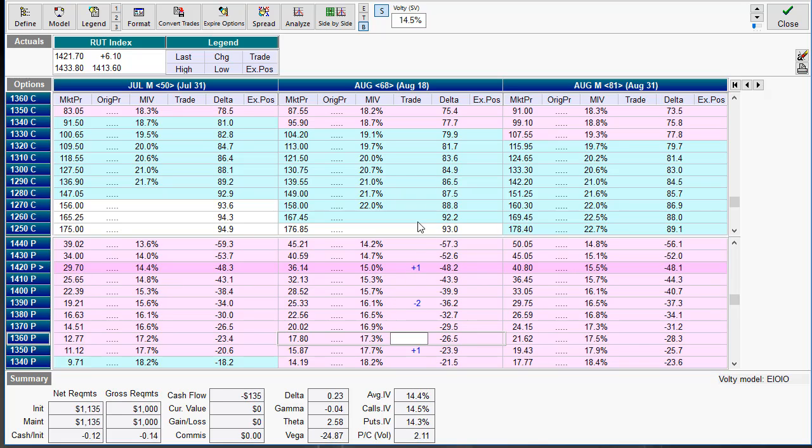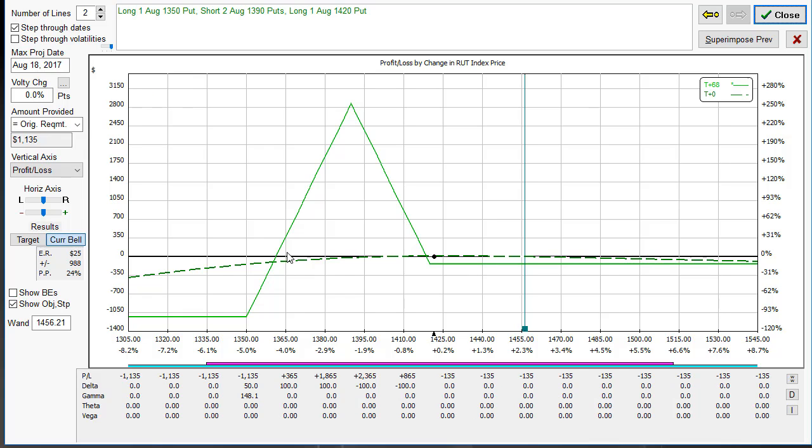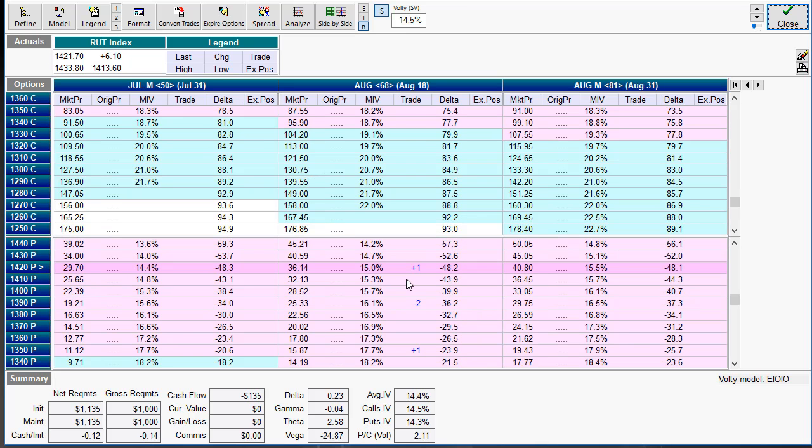I have one less element to it. I have the same flat T plus 0 line. I've got very, very little risk on the upside. Still have a good amount of distance before I get into trouble on the downside. And some traders just prefer this over the other balanced butterfly with a deep in the money call hedge.